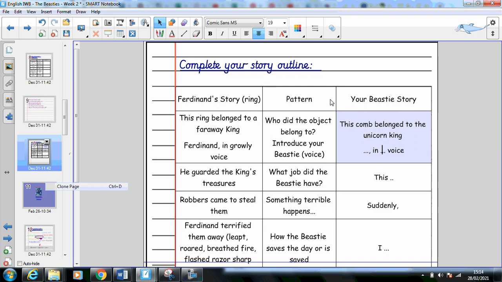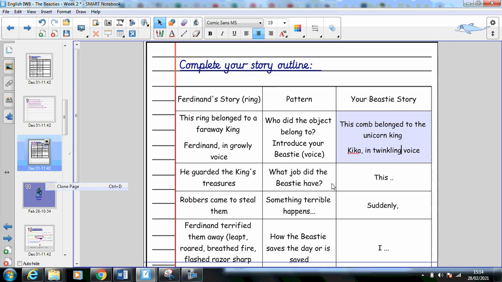And what is my beastie going to be called? I'm going to call my beastie Kika. And what kind of voice is Kika going to have? A twinkling voice. So this comb belonged to the Unicorn King, said Kika in a twinkling voice.